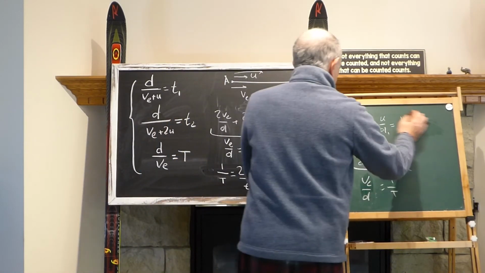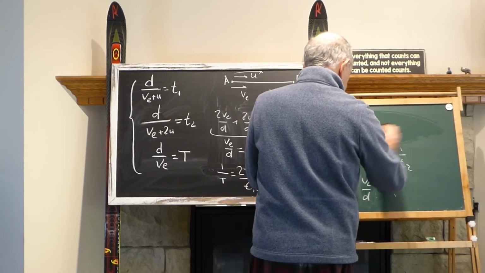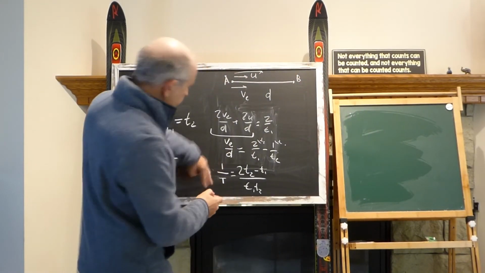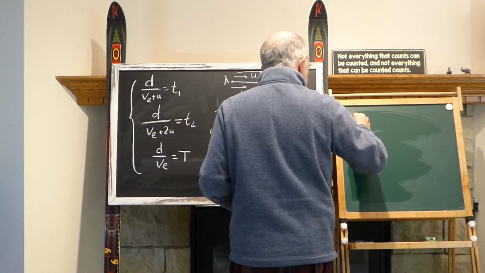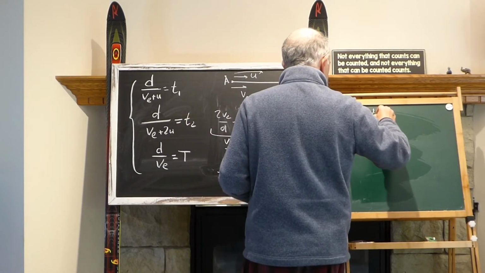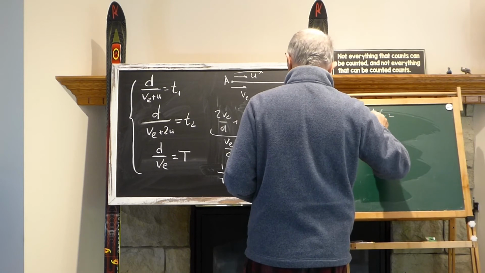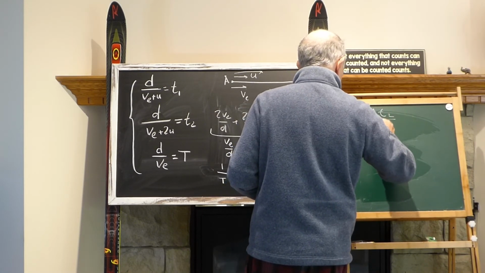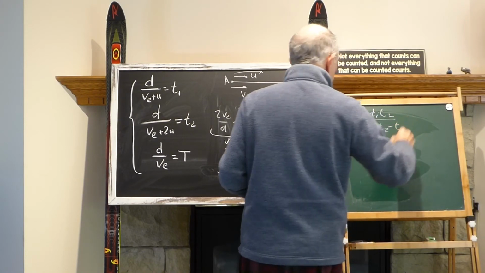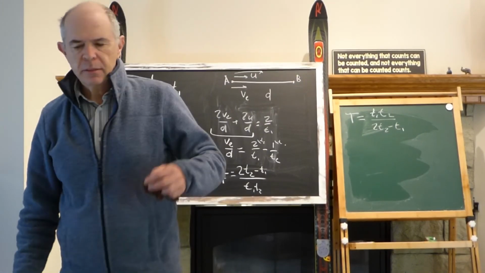Okay, wipe it out here. And now I flip it again, and I have T equals T1 T2 divided by 2T2 minus T1. And this is my formula.